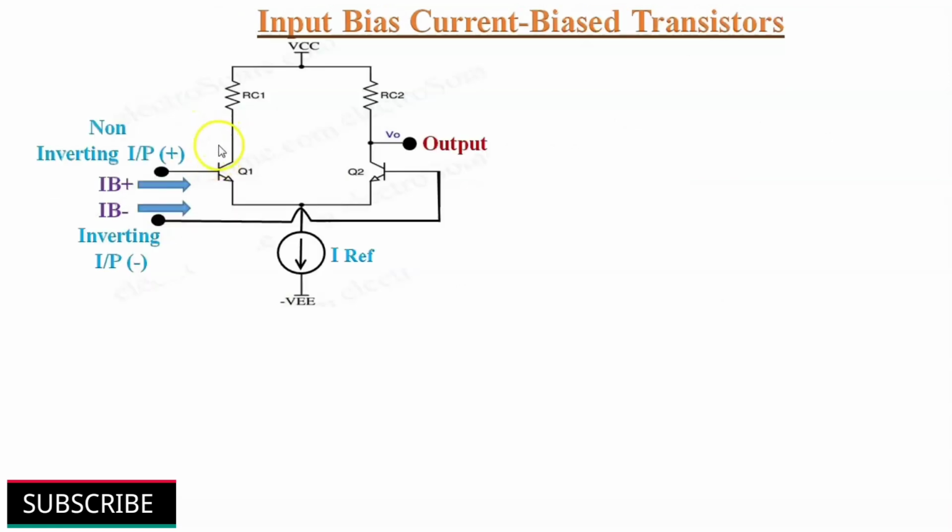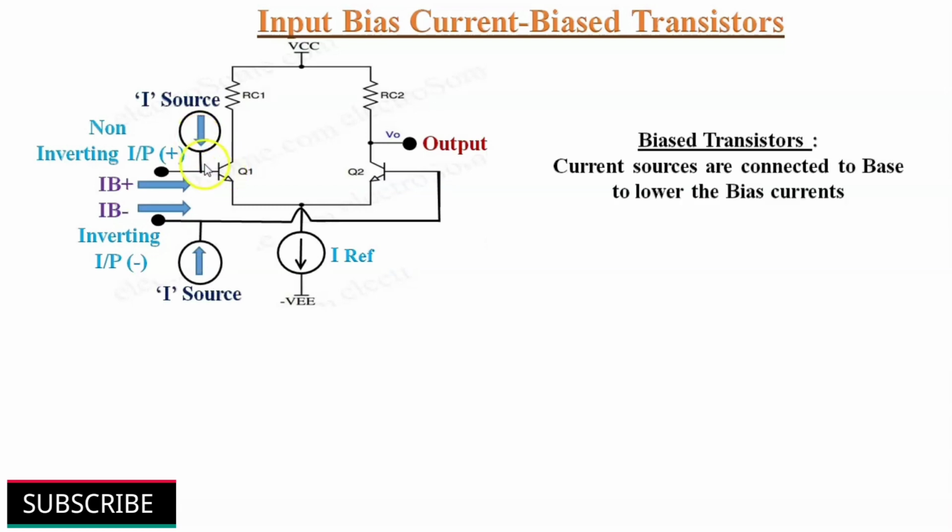The other method to lower this input bias current is by using bias transistors. That means current sources are connected to the bases of both transistors of the differential amplifier, so that in theory both these currents cancel each other and we get very low input bias current flowing into the input terminals of the op-amp, but not zero.